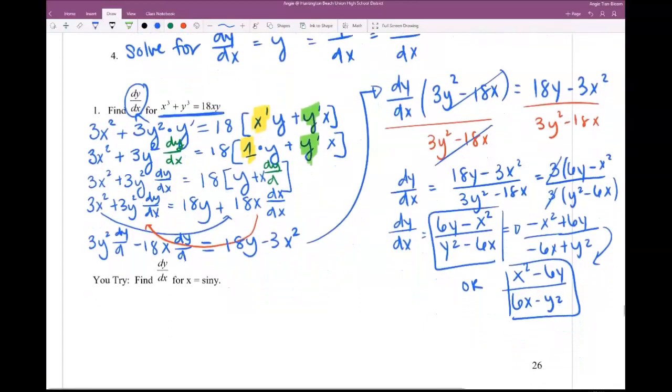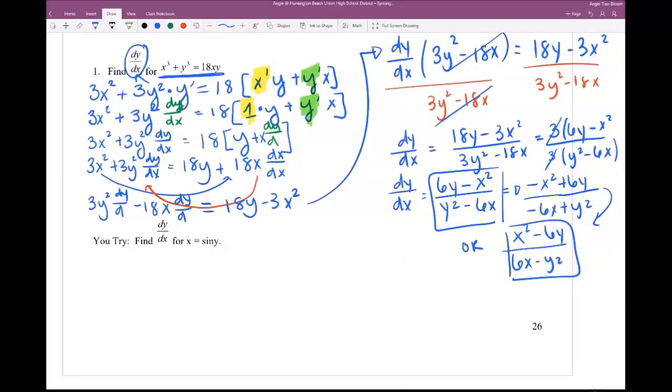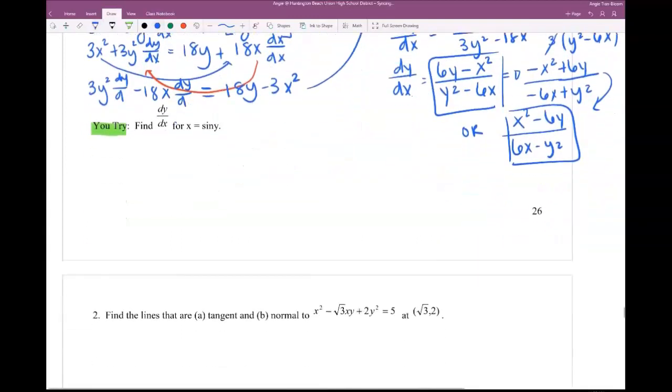Okay, so now that you have gotten a chance to listen to example 1, why don't you try this on your own? So hit pause, do the you try, and then unpause, okay, and then go to example 2.